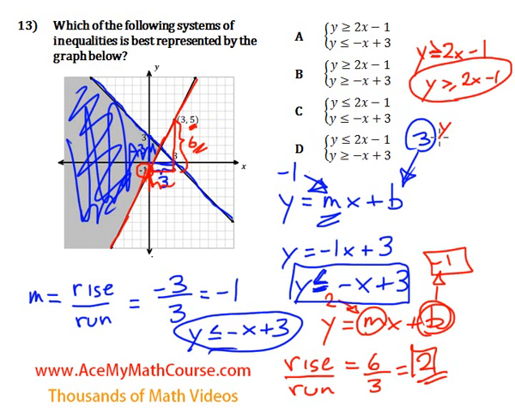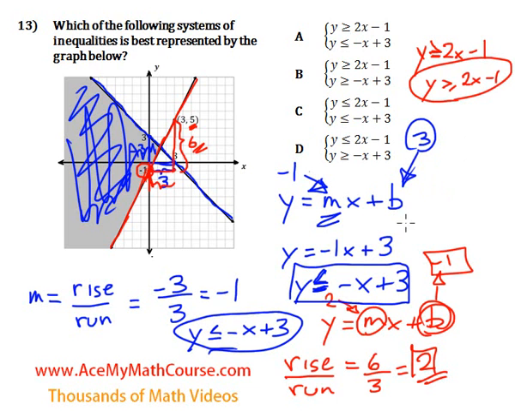We would have said y is smaller or equal to 2x minus 1. Remember that the alligator, because this looks like an alligator, right? Always eats the big one, or faces the bigger one. Silly way to remember it, but so y is greater or equal to 2x minus 1.